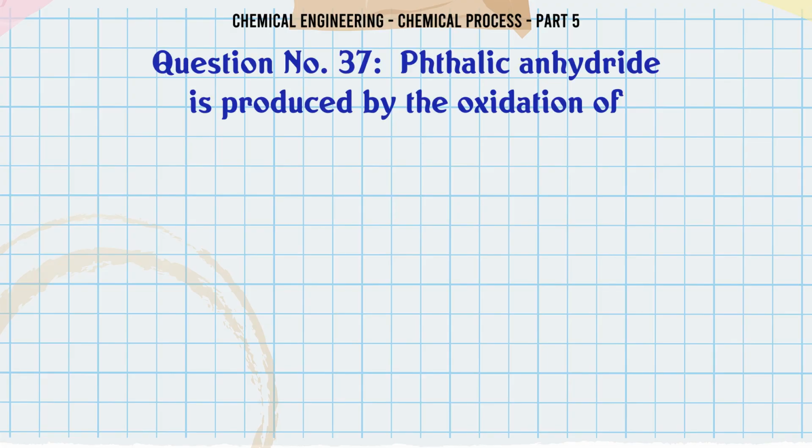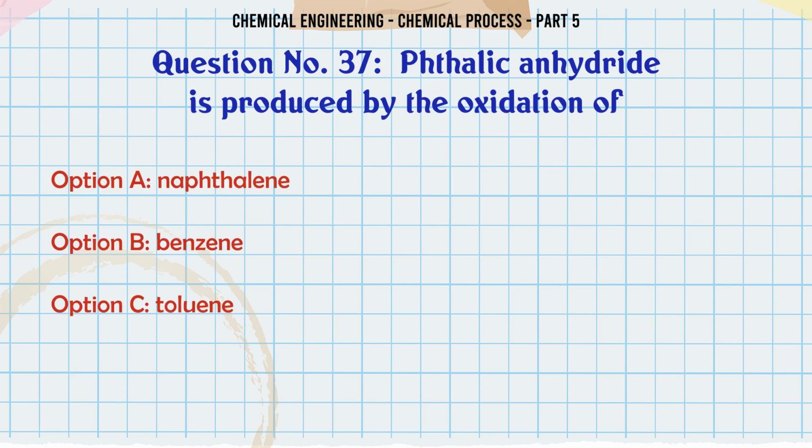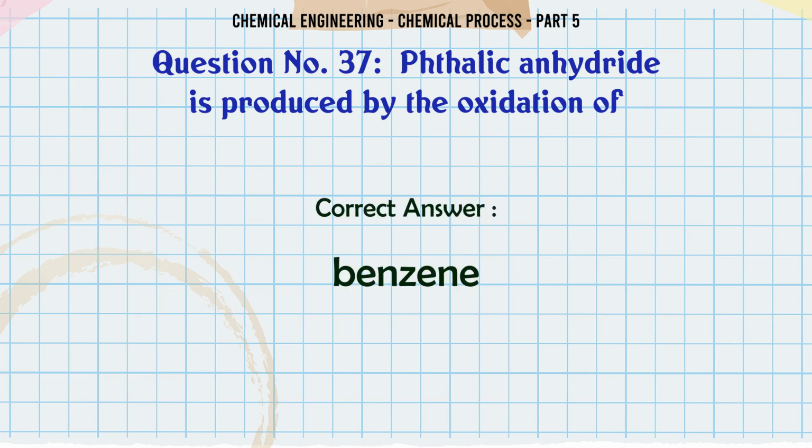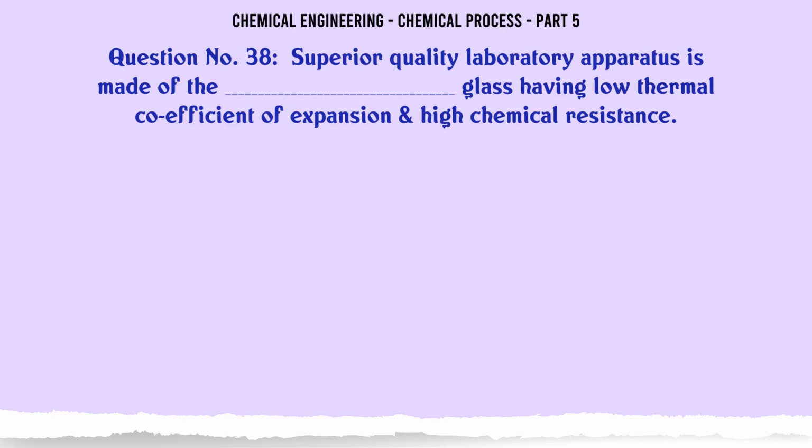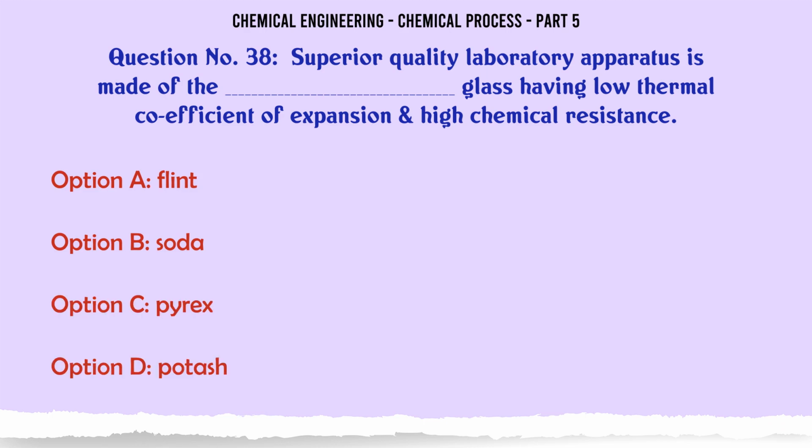Phthalic anhydride is produced by the oxidation of A. Naphthalene, B. Benzene, C. toluene, D. aniline. The correct answer is benzene. Superior quality laboratory apparatus is made of the glass having low thermal coefficient of expansion, high chemical resistance.